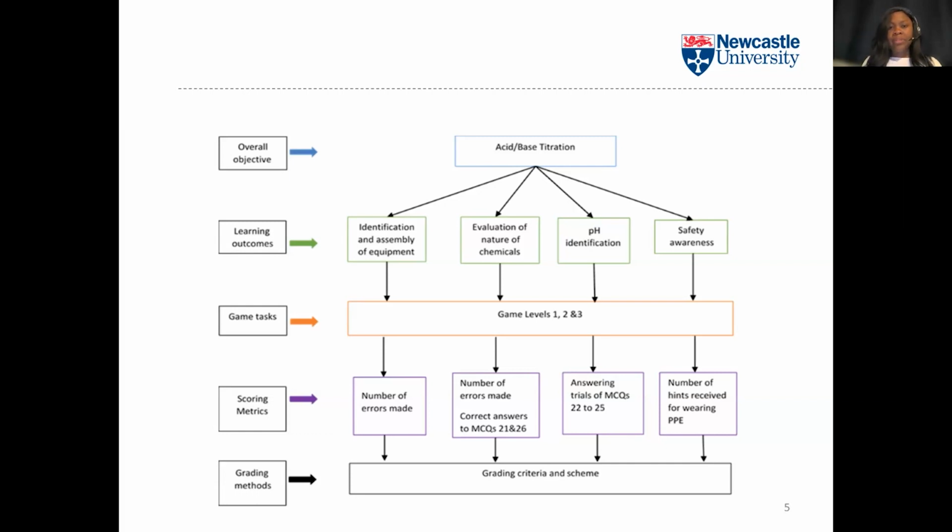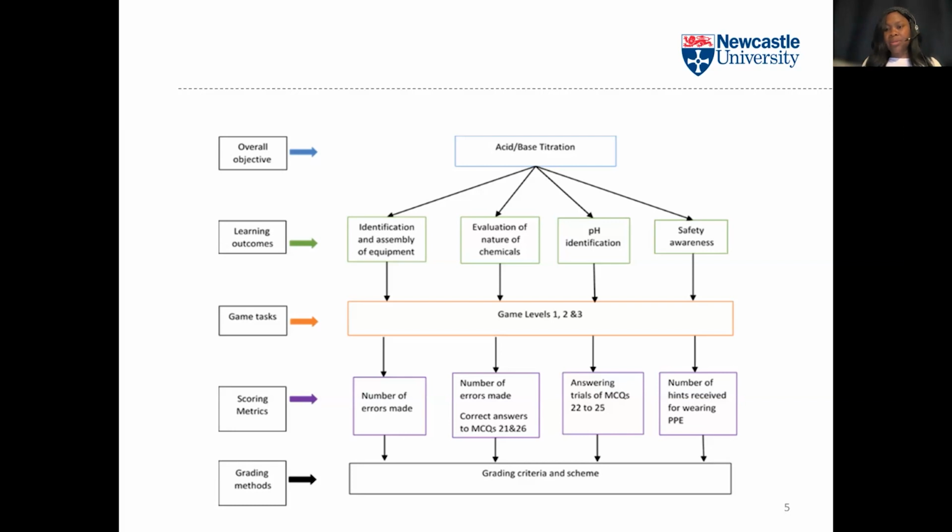There are 3 game levels for the MAR game, and the scoring metrics used to measure these learning outcomes are the number of errors made, which is log data collected by the game, as well as answers to a few multiple choice questions measuring some of the learning objectives.